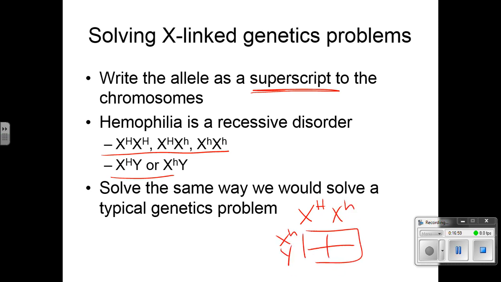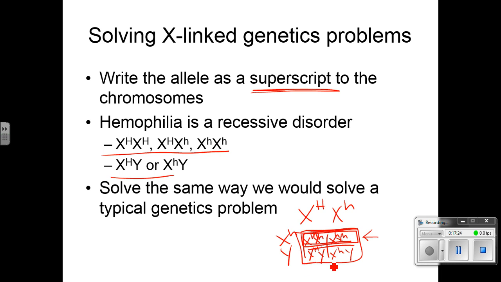The only thing here is that you have to consider the offspring, and that half of these boxes are going to belong to females, and half of them are going to belong to males. Now, why does that matter? Well, if you're asking about all the daughters they have, then you're only looking at 2 boxes.